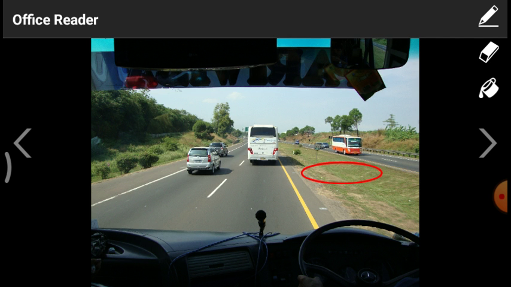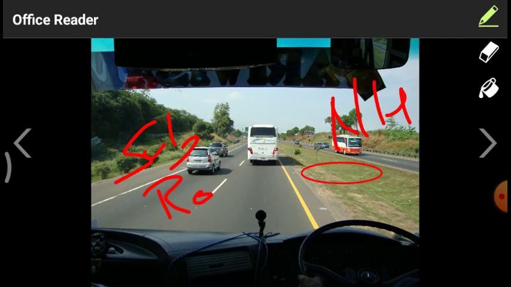In some places there are also examples: this is the major national highway, and this is the sub road. Normally sub roads are roads connecting from state level to central level.